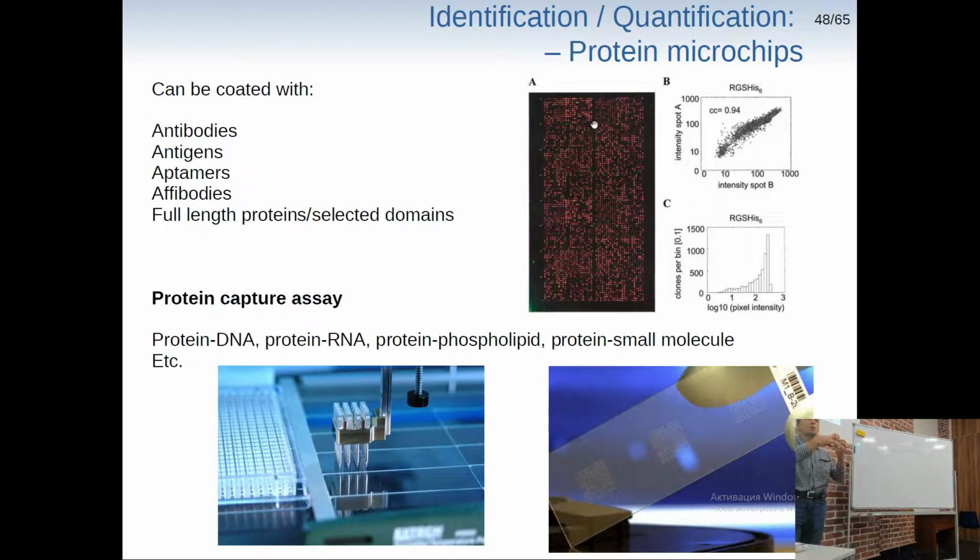So even if a complex was not quite stable, but was there at the time of applying this fixative, it will stay there forever. Then you can add antibodies and see what kind of proteins were able to interact with your proteins of interest, right? So, quite an interesting technology, not quite widely used because it was superseded by some other methods, mostly with the use of mass spectrometry. We will be talking about it a bit later, but still useful.